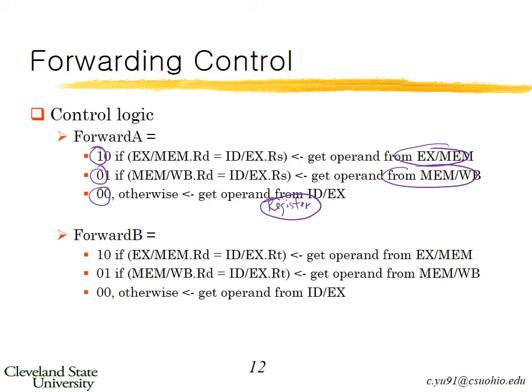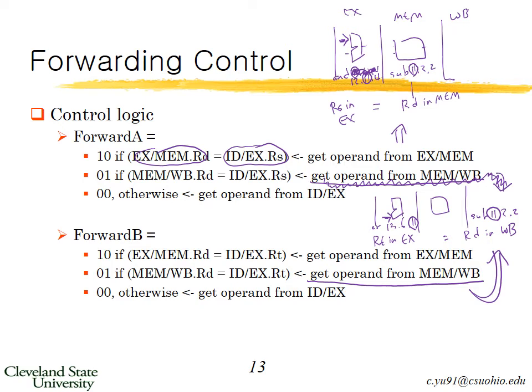If you get the value directly from the register file, it must be 0, 0. This is just a rough sketch of the forwarding control logic, and the same holds for forward B. The only difference is that forward A takes care of the first source of the ALU, and forward B is the control signal for the second source of the ALU.